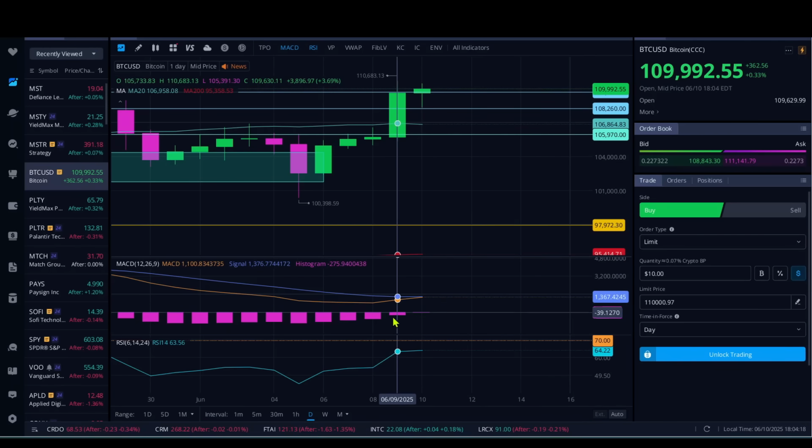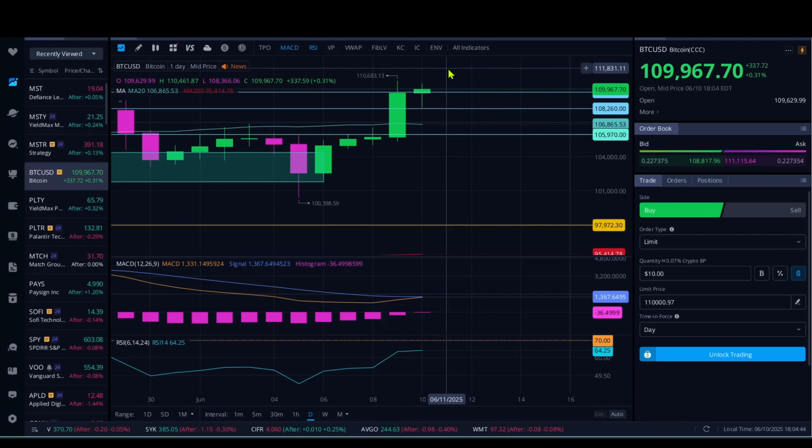Because as you can see, that momentum on the negative side has been decreasing, and now it's just a little sliver. But it's sitting right there on top of that signal line. So we need that momentum to break through and to continue so that we can cross over that signal line and we can confirm this up movement and keep on going.